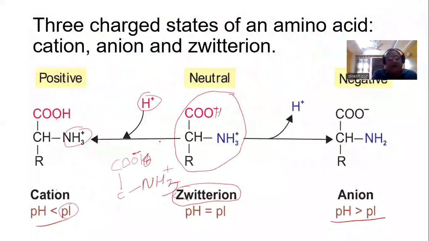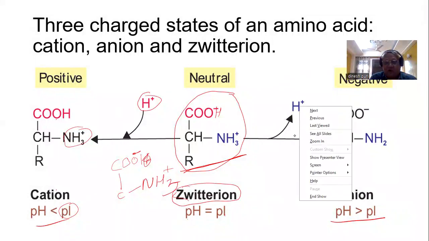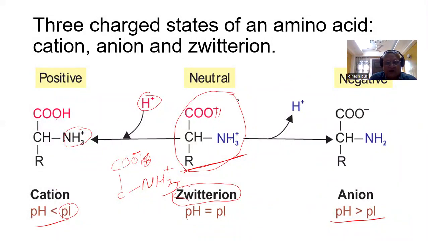Why is it called a zwitter ion? Now, if you look, the zwitter ion is capable of donating a proton. So here it is donating, it's a proton donor. So here it is an acid. The zwitter ion is also capable of accepting a proton. So here it is acting as a base.